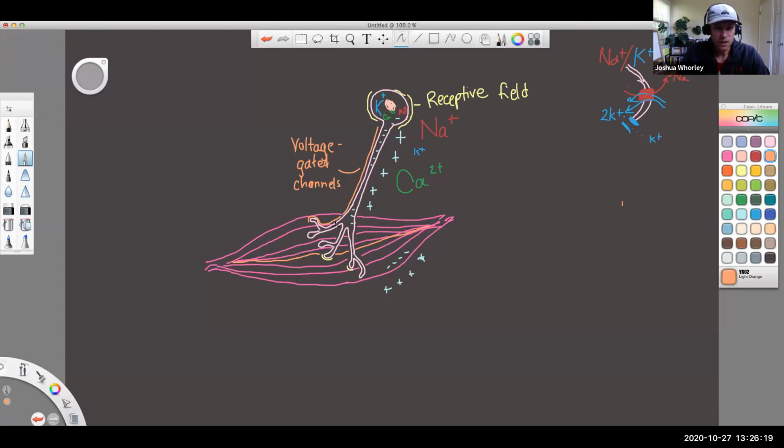And then all along here in the orange, this is where we have the voltage gated channels, those that are responding to a change in the voltage. And specifically, now we know a change in the voltage that gets to threshold, or in these cases, about negative 55 millivolts. At about negative 55 millivolts, both the sodium and potassium channels on this neuron, as well as those all along the sarcolemma, are going to open in response to that. Okay. All right.